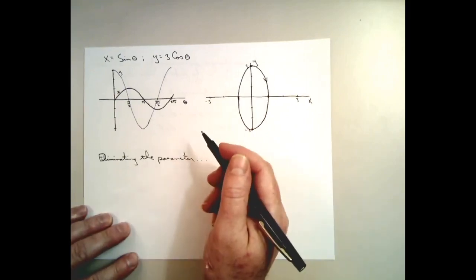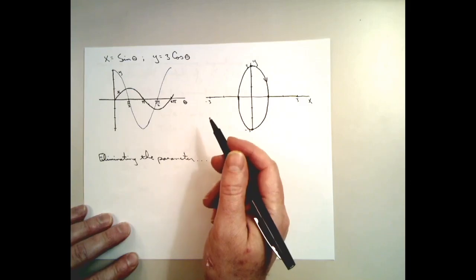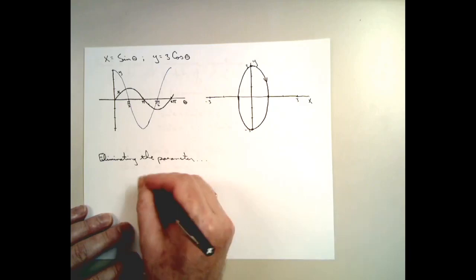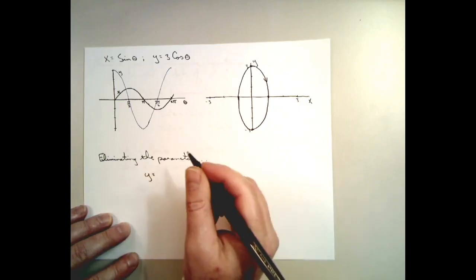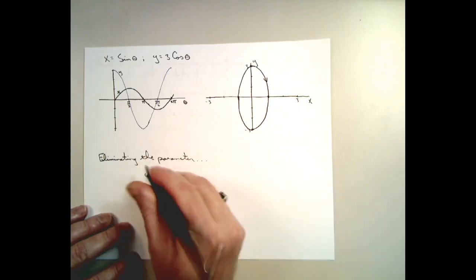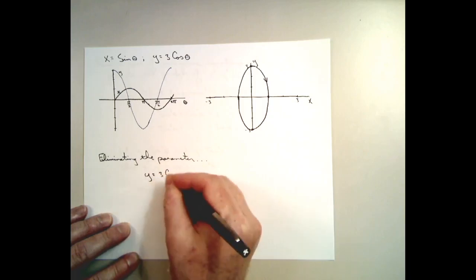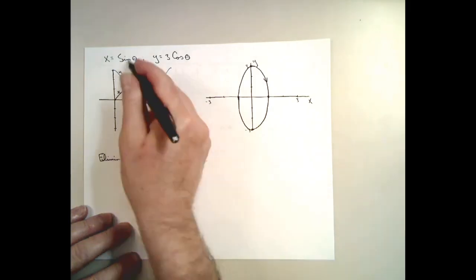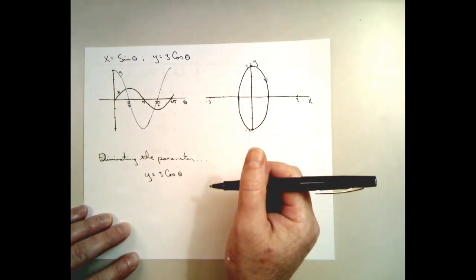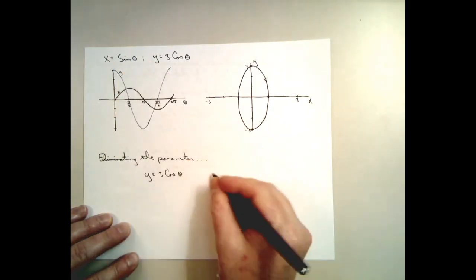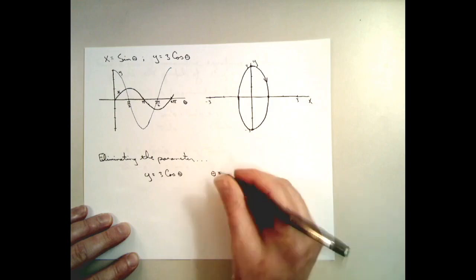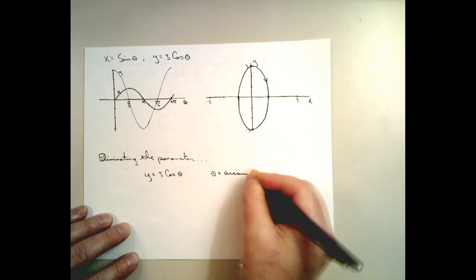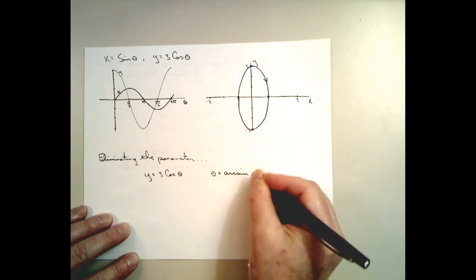If we just blindly do what we did in the previous example, we could say y is equal to 3 cosine theta, and use our equation over here to recognize that theta is in fact the arcsine of x.